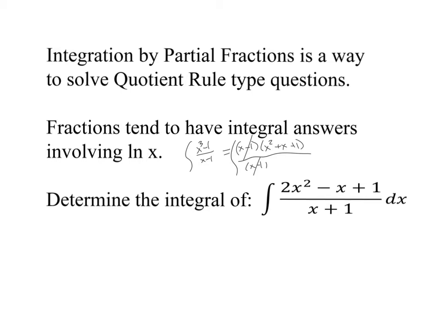So our strategy that we're going to use for these is to use long division. We're going to try to use long division to rewrite it. So you might remember from Math 30, if we took a fraction or a quotient of two different polynomials, something like this, we could actually do long division to rewrite that question.